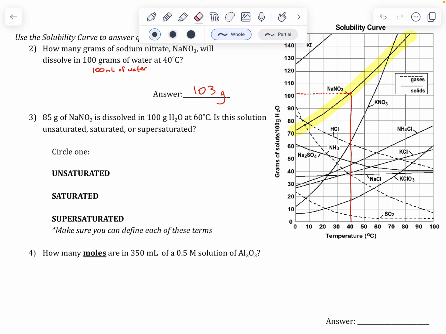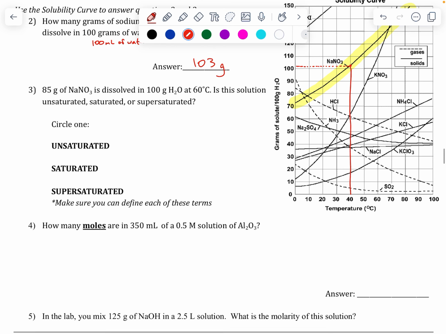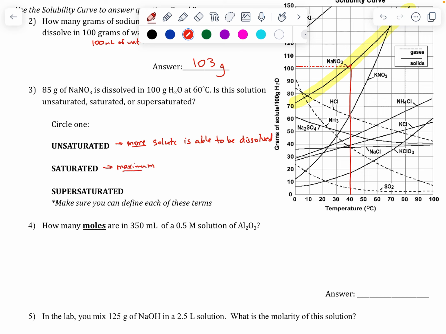And then over here, we have saturated, unsaturated, and supersaturated, knowing what it is for each of these. Remember, unsaturated means more solute is able to be dissolved. Saturated is the maximum amount of solute has been dissolved.